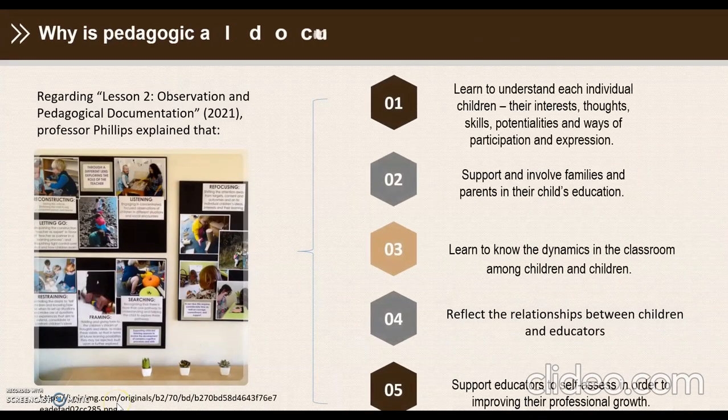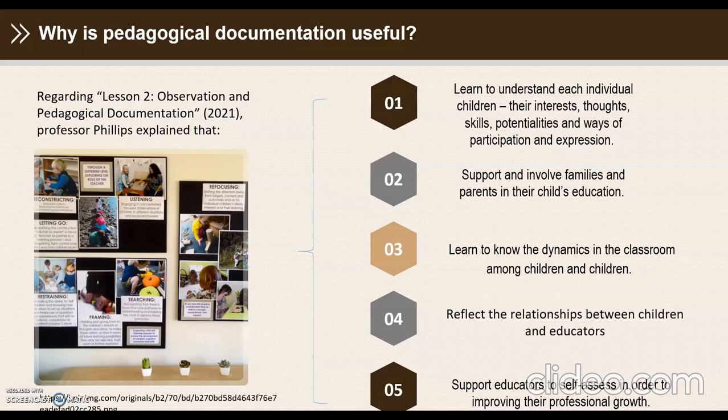So why is the pedagogical documentation useful? It is because it brings benefit to everyone. It could be educators, other staff working with children, families, and absolutely children. So remember that we document in order to share, to understand, and to be understood. Specifically, pedagogical documentation is useful because it helps us to show accountability and provide evidence of children's learning.